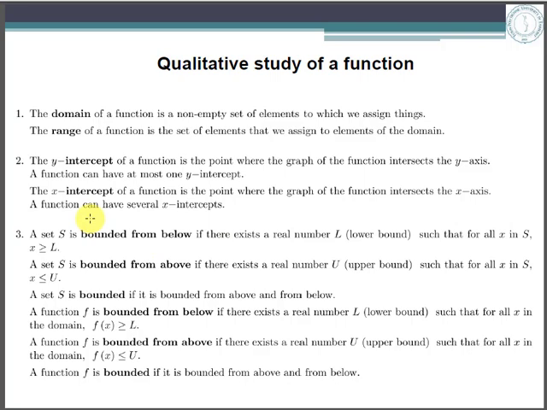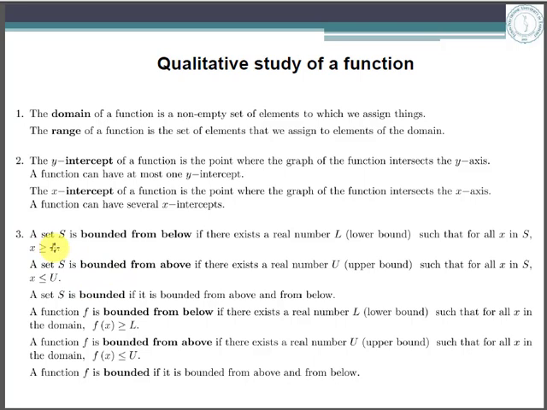So we need to find the points of intersection with the axes. And the third step, defining the function: is it a bounded function? Is it bounded from below, or bounded from above, or is it not bounded? So we need to define it.